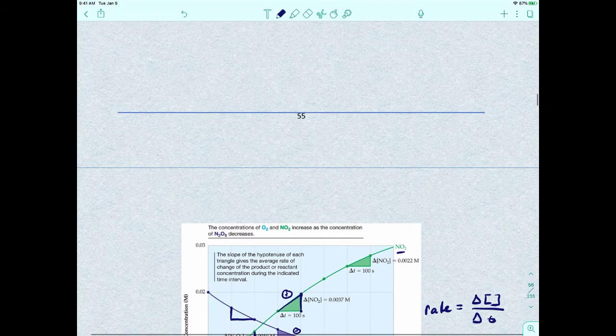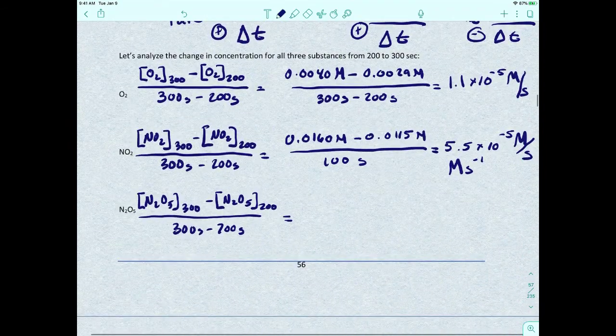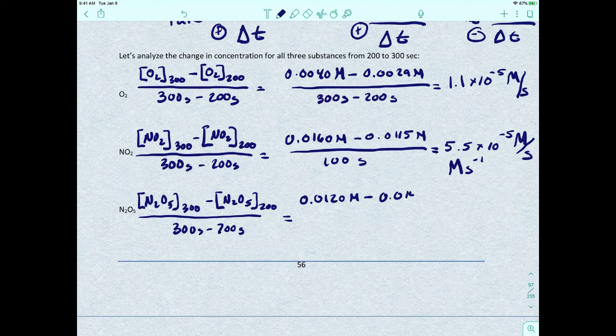All right, so that's what I'm going to put in here. At 300, we had 0.012 molar, minus the concentration at 200 seconds, 0.0142 molar, divided by 100 seconds. That rate would be a negative 2.2 times 10 to the minus fifth molar per second.